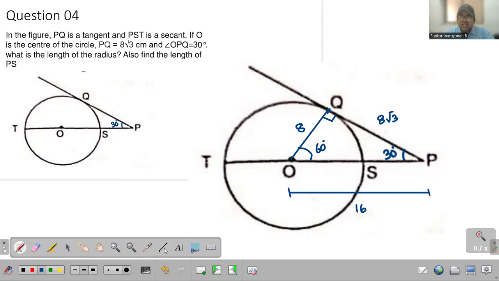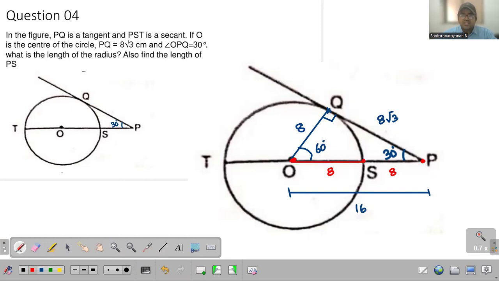But I know that OS is the radius from O to this point S. This OS is again the radius, and thus OS has to be 8 units. And thus I can infer that SP also will be 8 units then. PS, SP, it will also be 8 units.